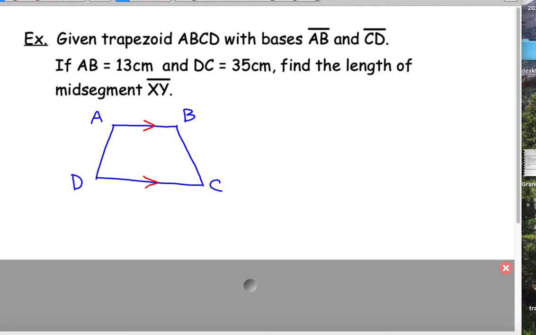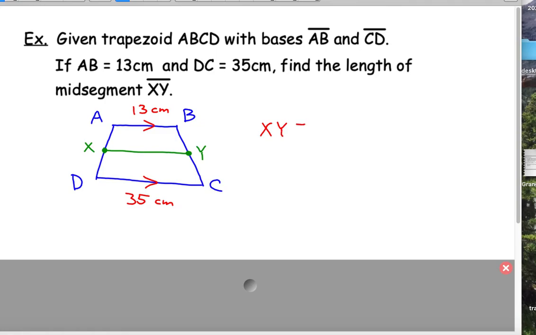If AB is 13 centimeters, this one has units on it, and DC is 35 centimeters, find the length of midsegment XY. Well, if it's a midsegment, we know it joins the midpoints. We don't know, X could be on either. X and Y we can switch. The order doesn't matter. So find the length of XY.